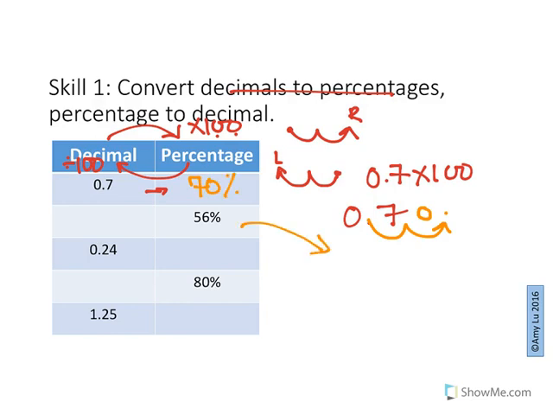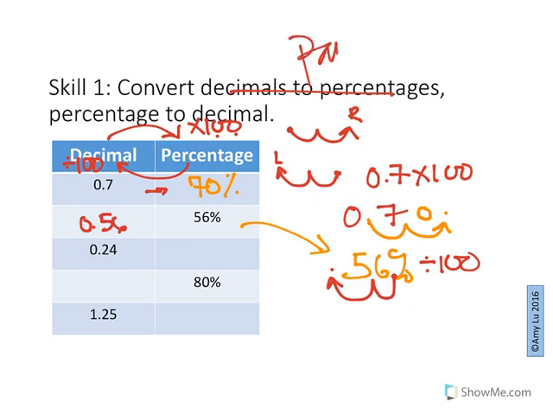In the case of 56%, we have to divide by 100 because we're going the other way, which means we take this imaginary decimal that's behind the 6 and we move it 2 spots to the left, which makes 0.56. So either you're moving the decimal 2 times to the right or 2 times to the left. So at this time, pause and complete the rest.